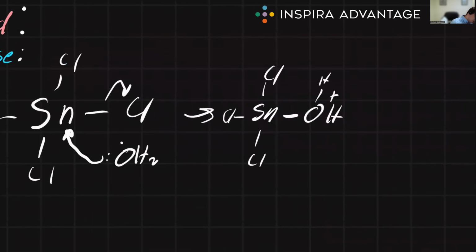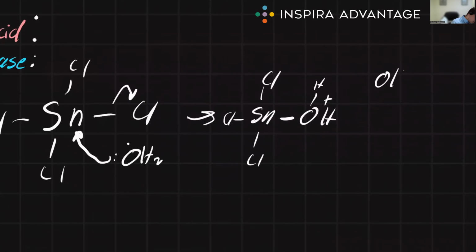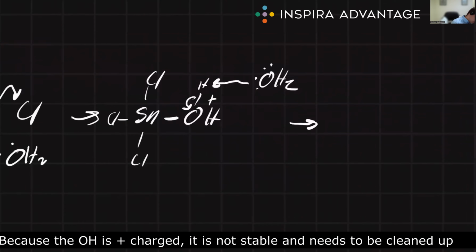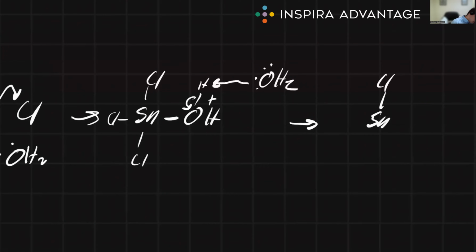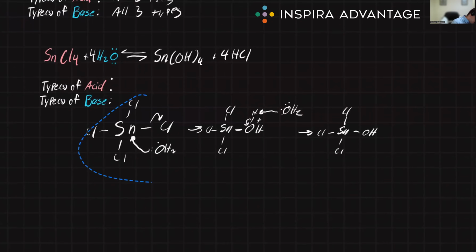And since this is positive, this still isn't stable. So we're going to have another water clean up that hydrogen, leaving us with a nice evenly charged tin in the middle with just a hydroxide stuck on there. So this reaction, let me move it down a little here.